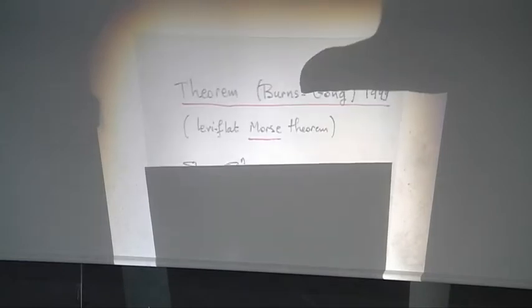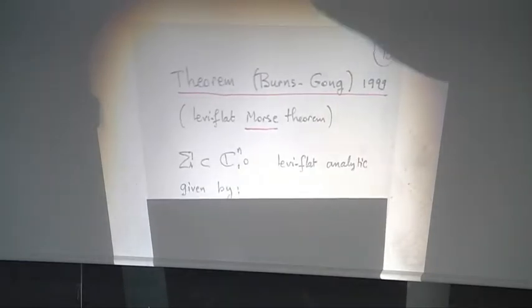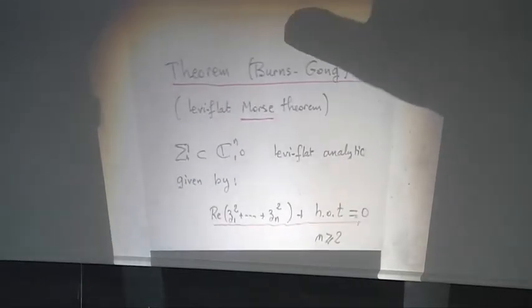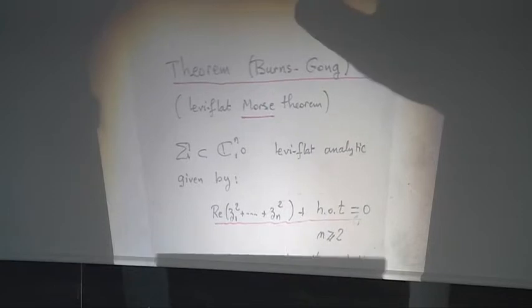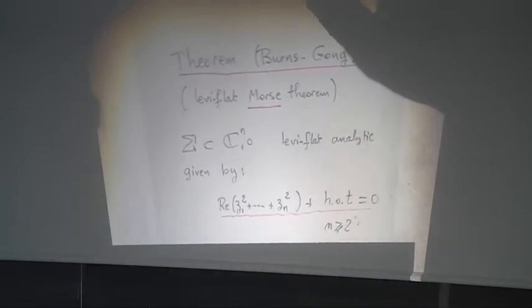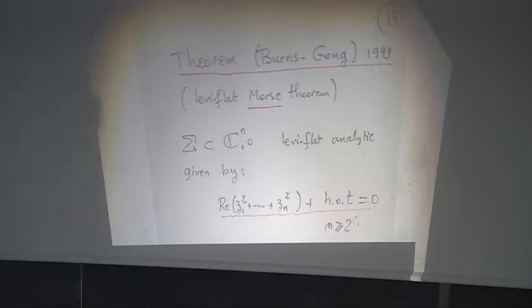And in the same paper by Burns and Gong, you have something like a Morse theorem for Levi-flat quadratic cones. You take an analytic Levi-flat hypersurface given by an equation. The quadratic part is exactly the real part of the standard quadratic form of maximal rank, and you have other terms.